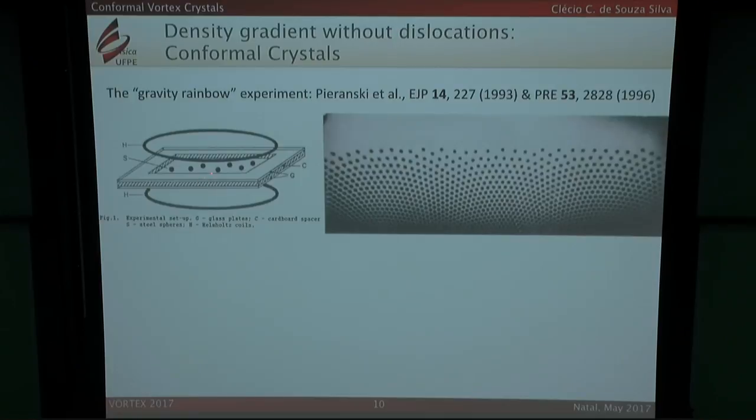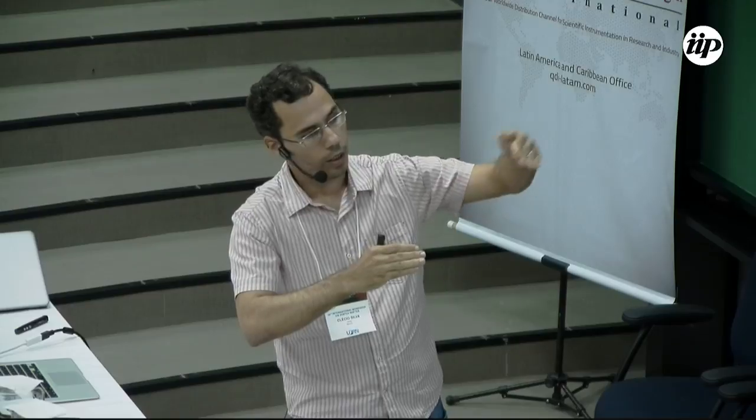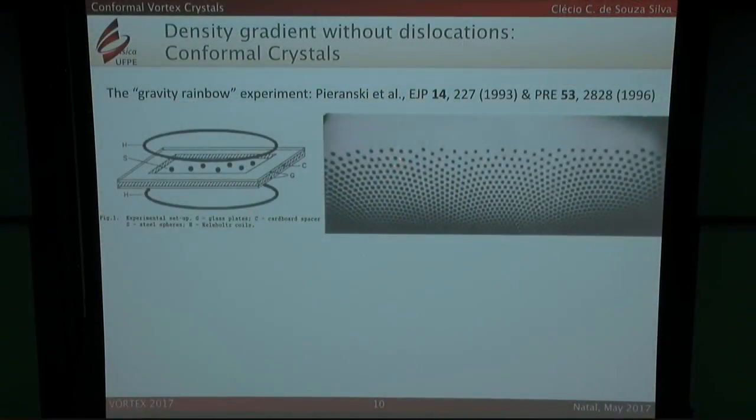What the authors did was apply a field to polarize the particles, and then they just tilt the table so that the particles are compressed by gravity, and they form this structure. If you look closely, you see that each particle here has precisely 6 neighbors.